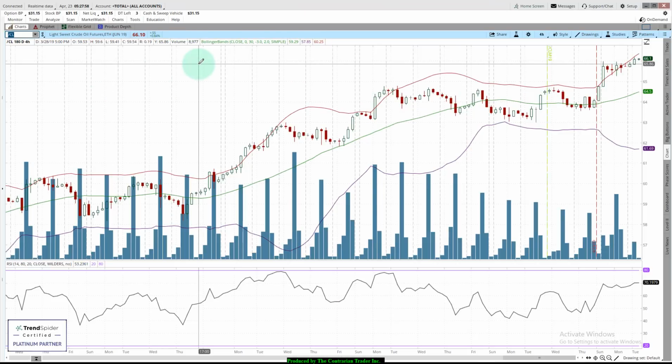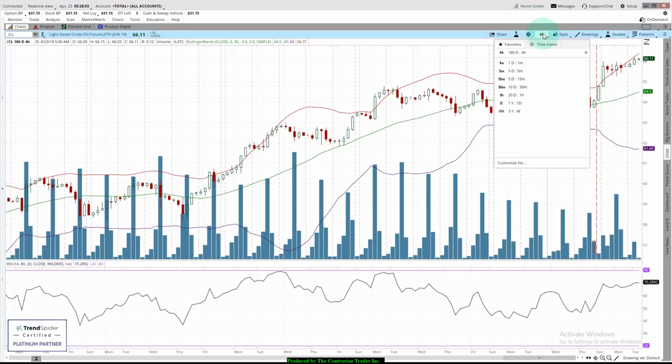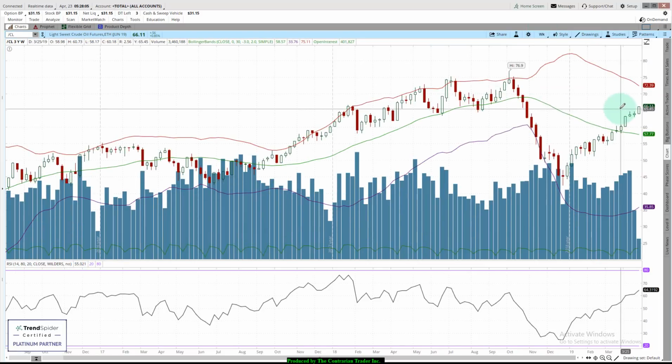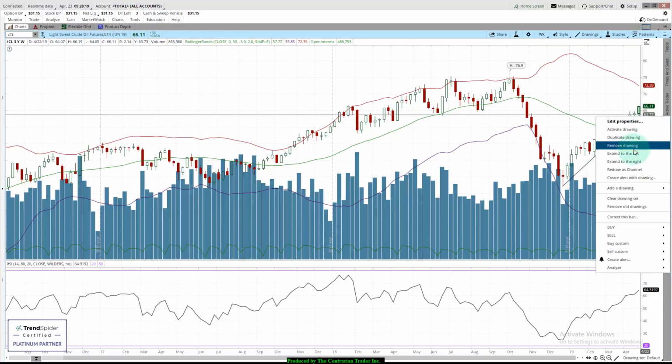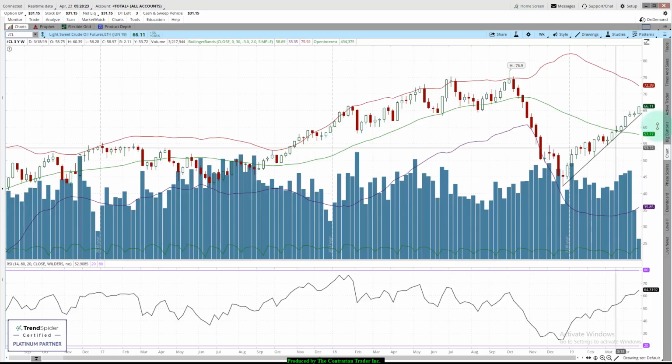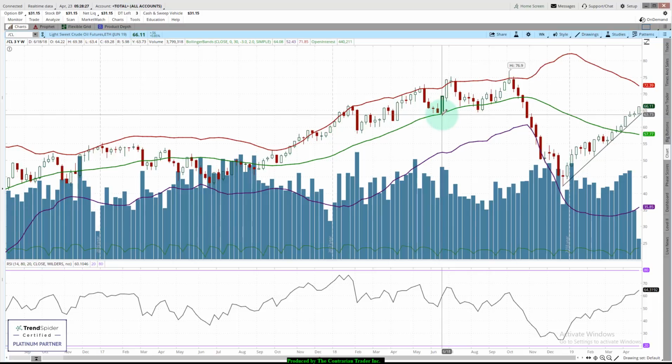Okay, this is a chart of light sweet crude, and you can see that we are at highs not seen since last August. So a major bull run here on the price of oil, which the Federal Reserve conveniently likes to back out of their inflation numbers because they like to use the word transitory.